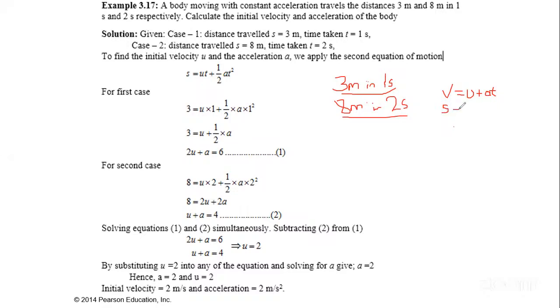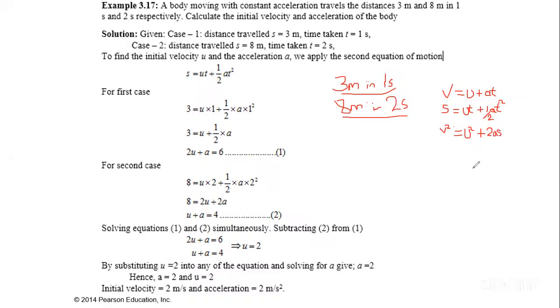S is equal to UT plus half AT squared. Then we have V squared is equal to U squared plus 2AS.